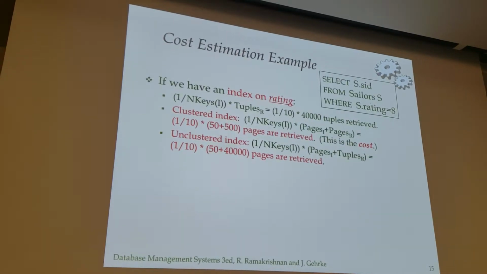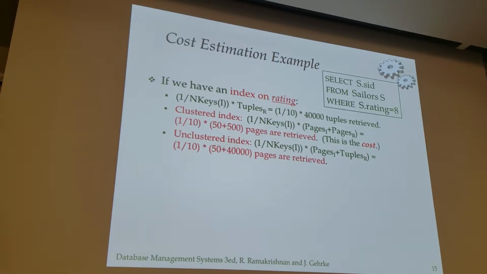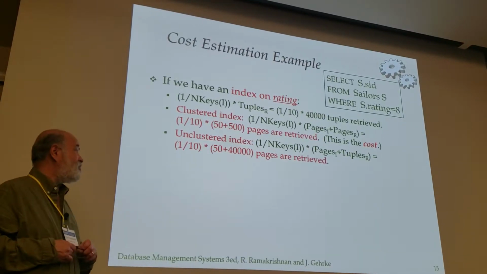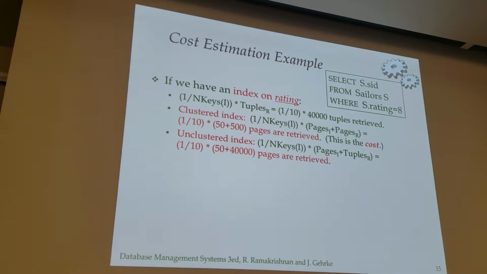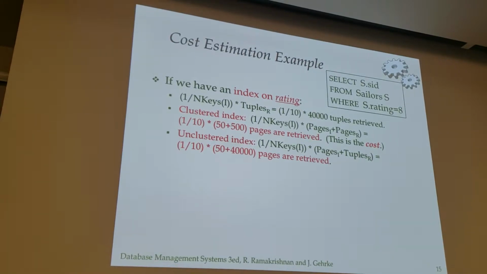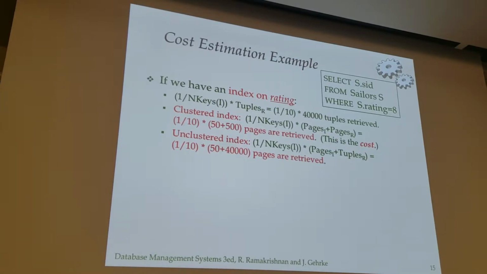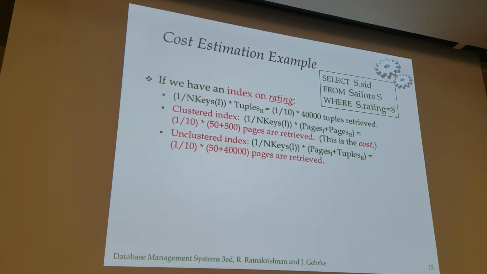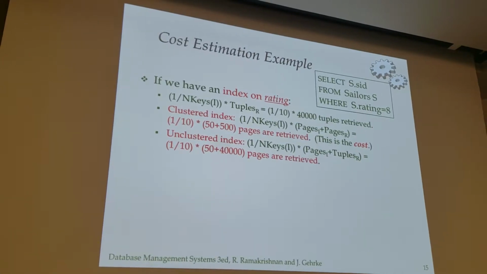Then with that fix, and this slide was correct last time, and it uses the formula that I now have correctly on the previous slide. In the case of the unclustered index, if you have an index on the ratings column, then what you're going to do, assuming that every rating is 1/10 of the tuples, or 1 over the number of keys in the value, if you assume uniformity. So if there are 10 values, it would give you 1/10. If there are 50 values, it would give you 1/50th.